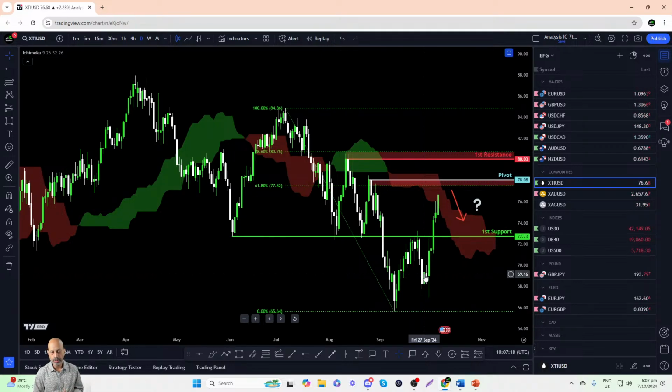Although sometimes the US dollar can also function as a safe haven, sometimes gold, the Japanese yen, Swiss franc, and the US dollar itself are all safe haven assets, and sometimes they can see strong demand through periods of high geopolitical tensions. But for now, the dollar seems to be riding higher on the stronger non-farm payrolls that were released last Friday, and if we do see inflation continue to cool in the second half of this week, I think we can expect the dollar to probably pull back a little bit.